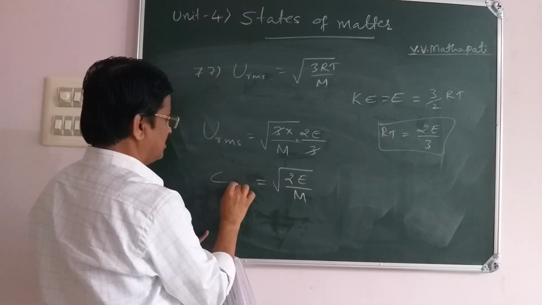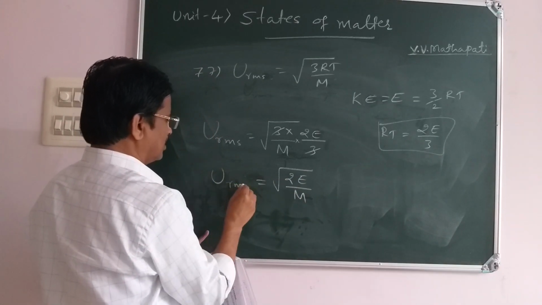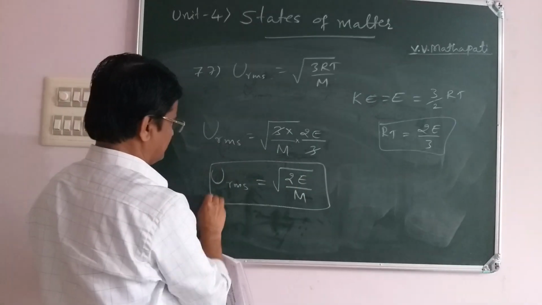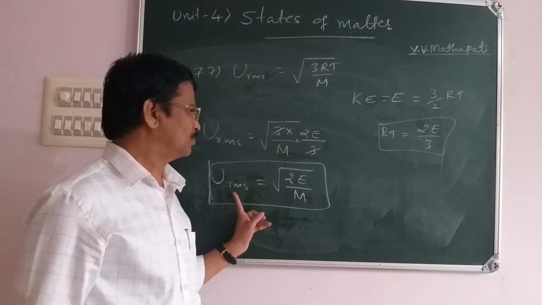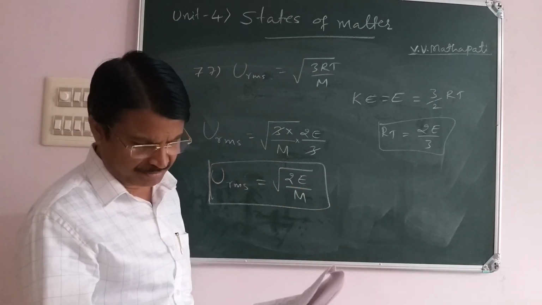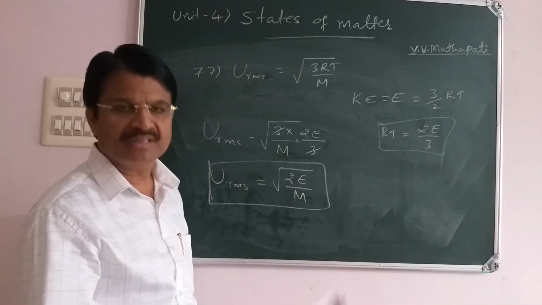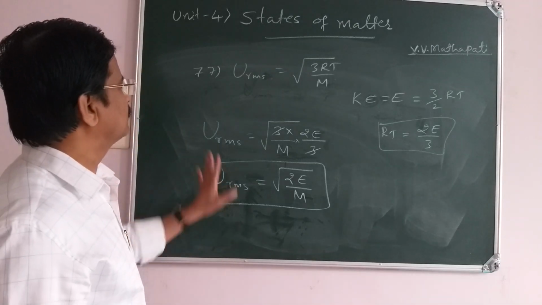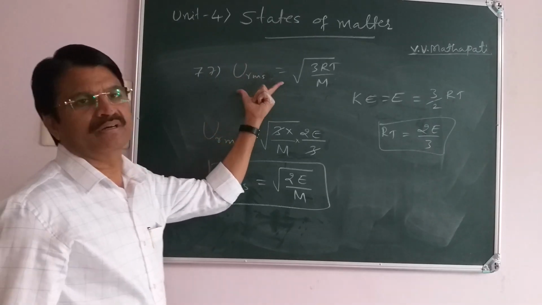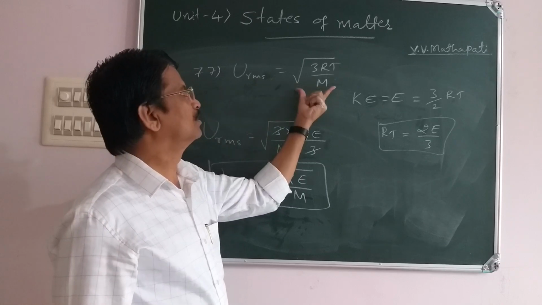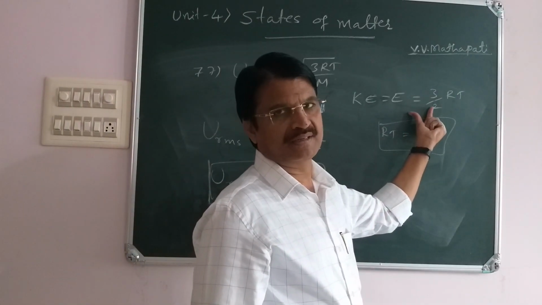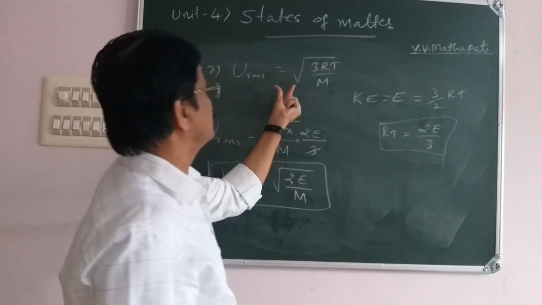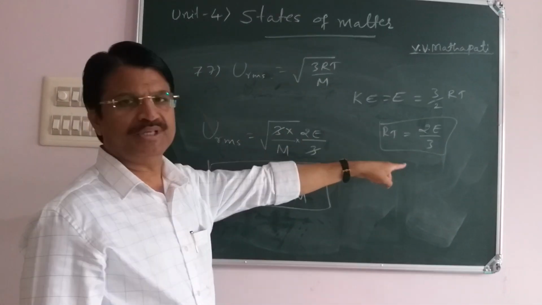So U_RMS equals root 2E by m. Answer: third option is correct. This started with the RMS velocity formula, root 3RT by m, and the KE formula 3 by 2 RT, and we substitute the RT value in this equation, since KE equals E as given in the question.